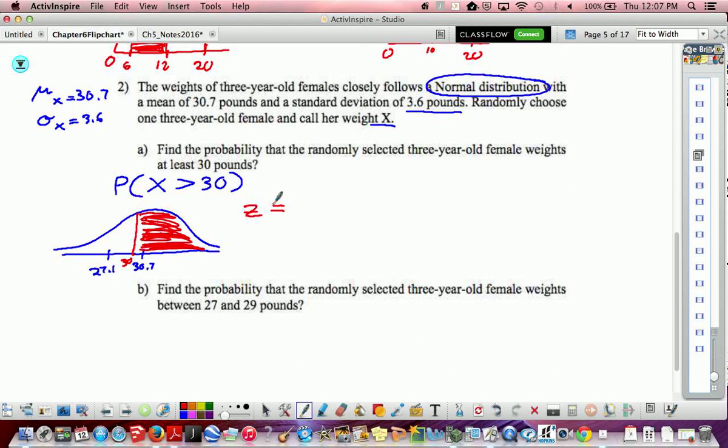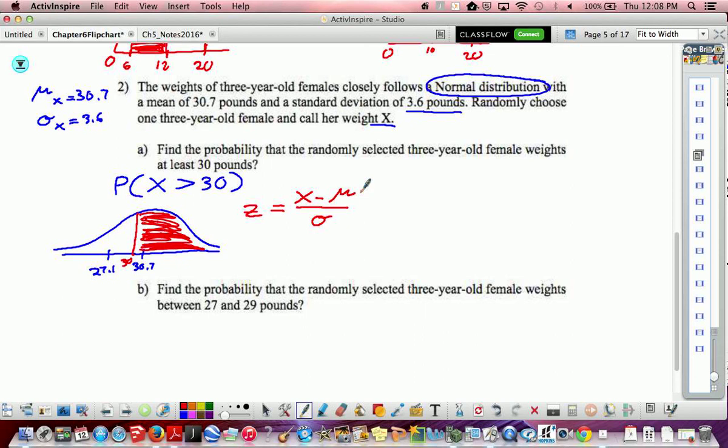Remember, a z-score is how many standard deviations your score is away from the mean. So it's going to be something divided by the standard deviation. Is it your score minus the mean, or the mean minus your score? It's going to be your score minus the mean.